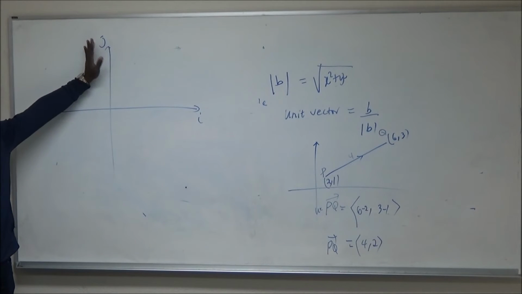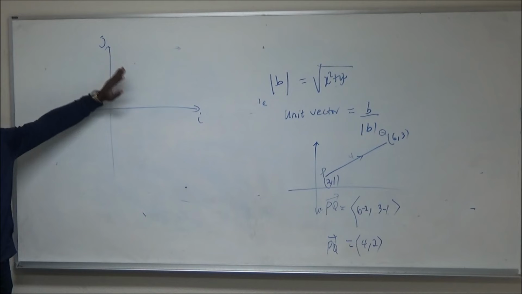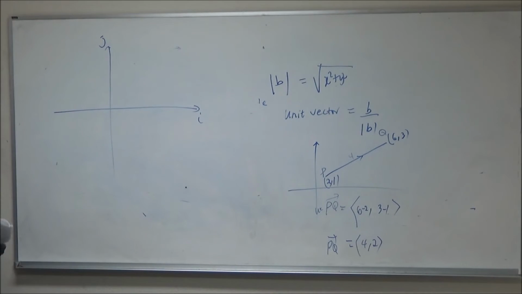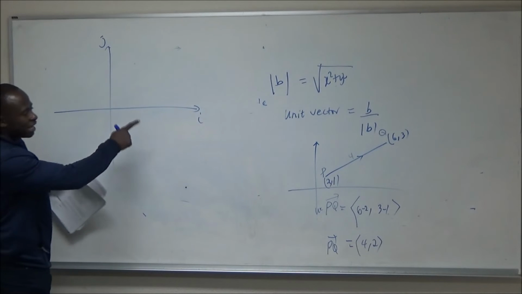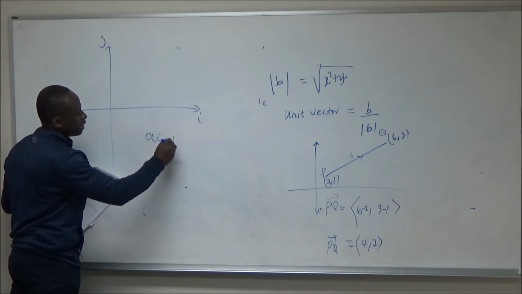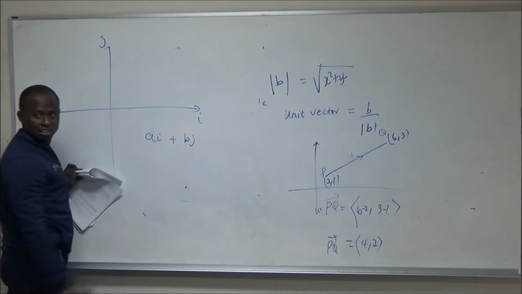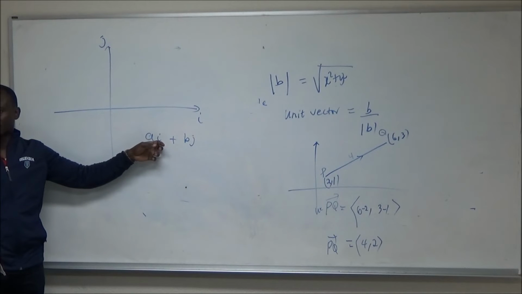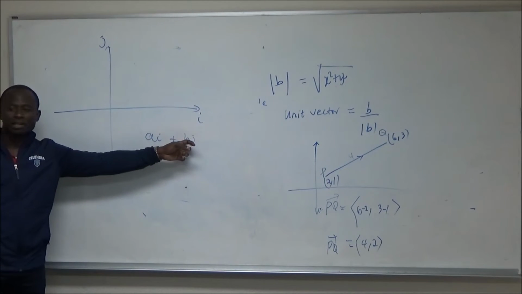So j would represent your y-axis in this case, i will represent your x-axis. So I can also write a vector as, and this i is not the i in complex numbers, I can write a vector as ai plus bj. So I take the x value and I just add i to it, and I take the y value and just add j to it.